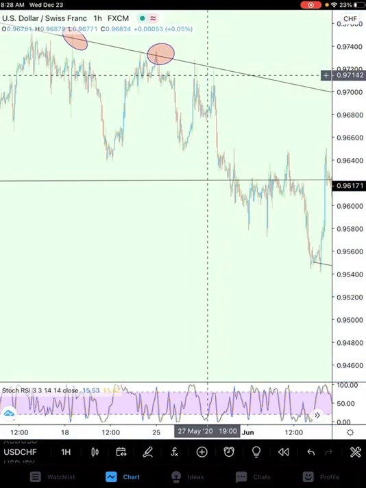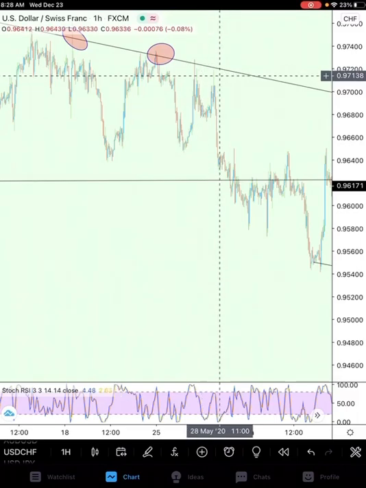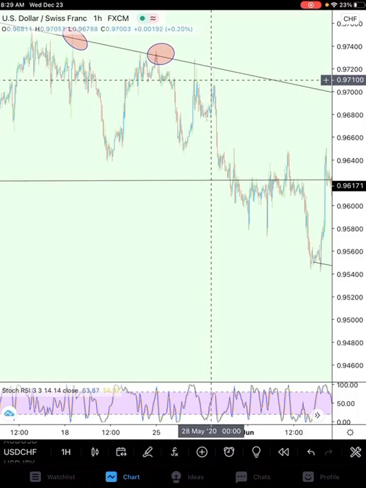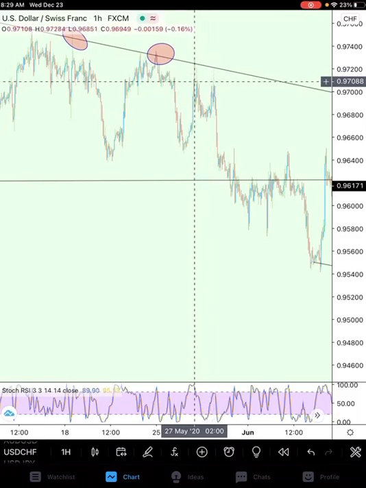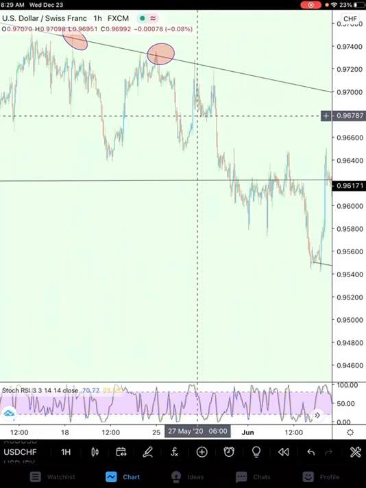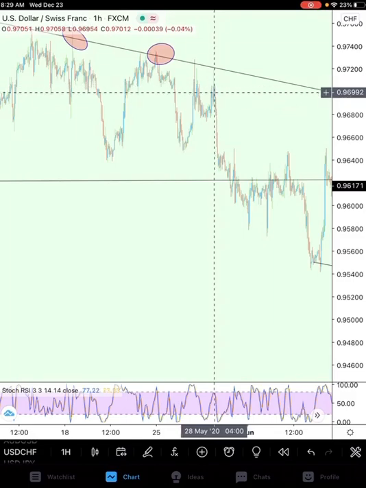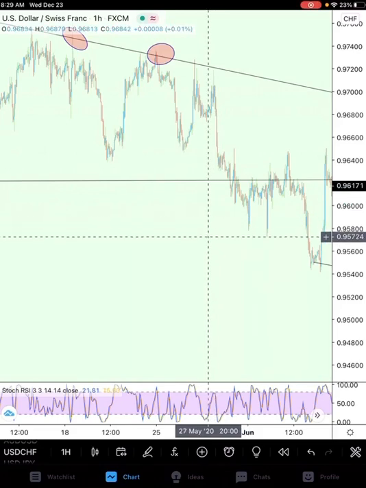Look at all these retests. This is USDCHF, so I guess she moves differently, but you cannot deny the timings of these. Look at this. On the 27th of May at around 2 a.m., the market sold off for approximately 20 pips. The next day, around the same time, she sold off for like 150.